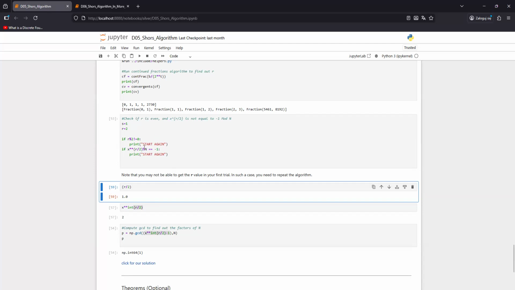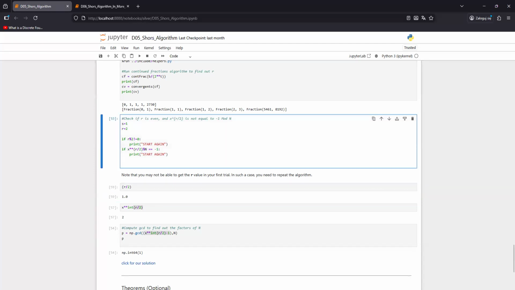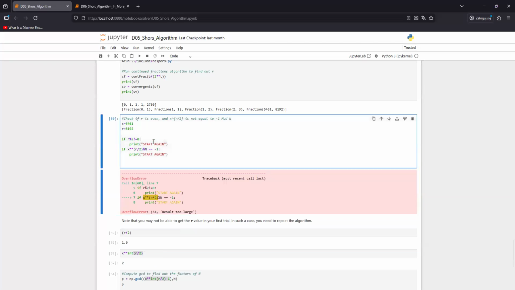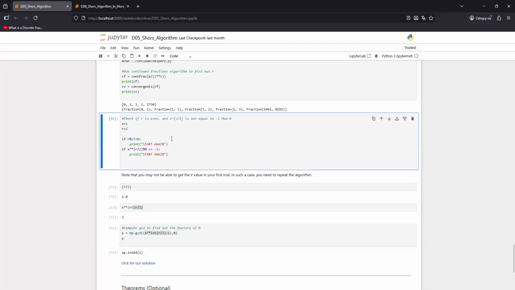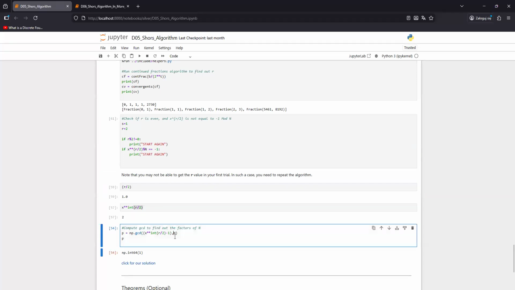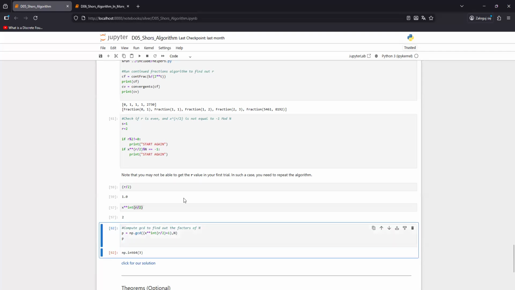I check with 2 and okay, 3 is even, but if I check with this one, we got the R. And okay, so I believe this is big R. But if I compute plus 1, then it's 3, so it's the correct result.